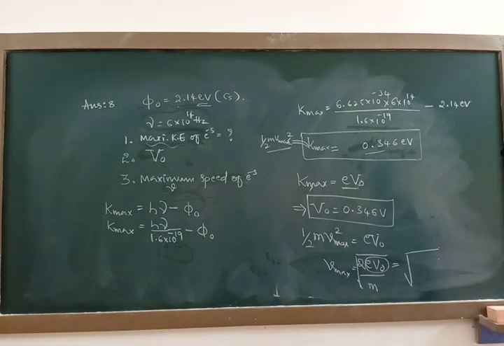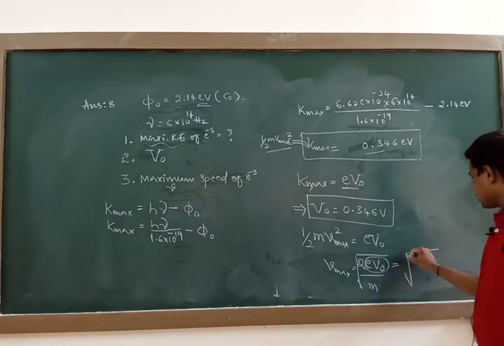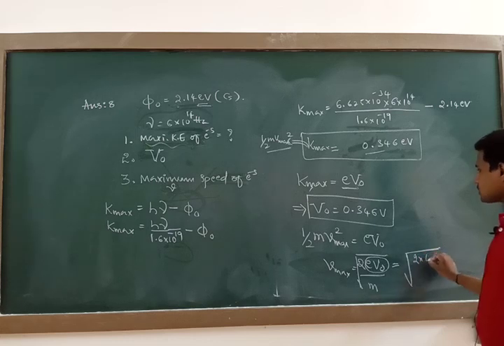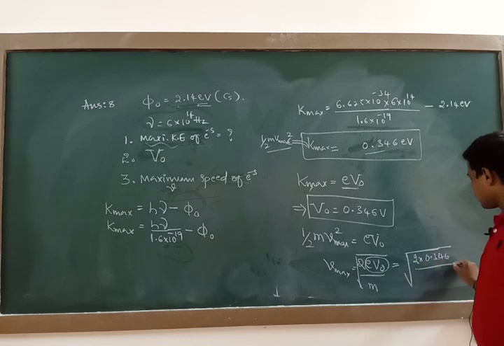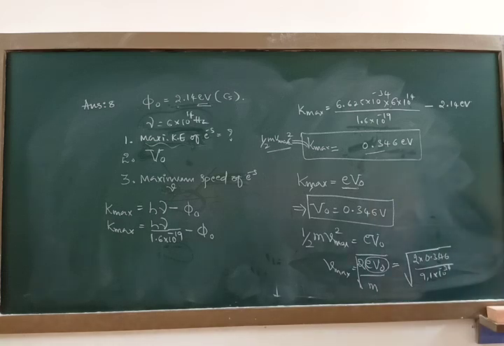0.346 electron volt. Next you have to divide this by the mass of the electron, 9.1 into 10 power minus 31 kg.